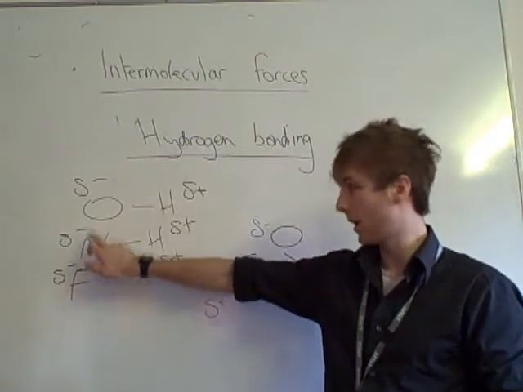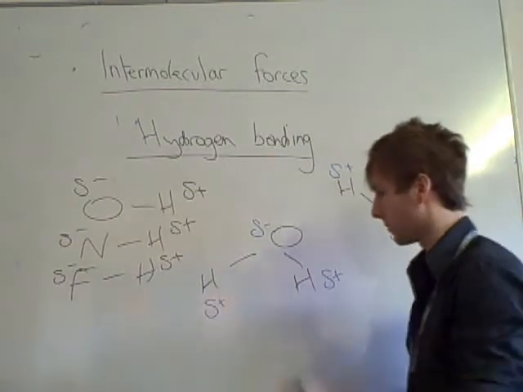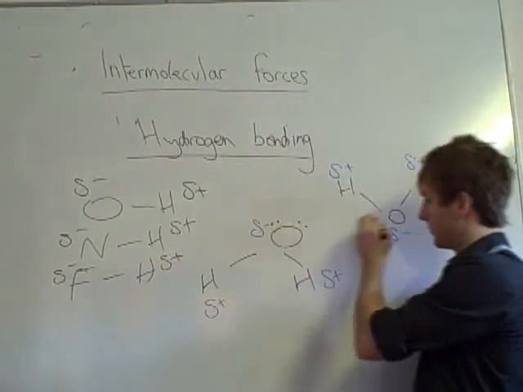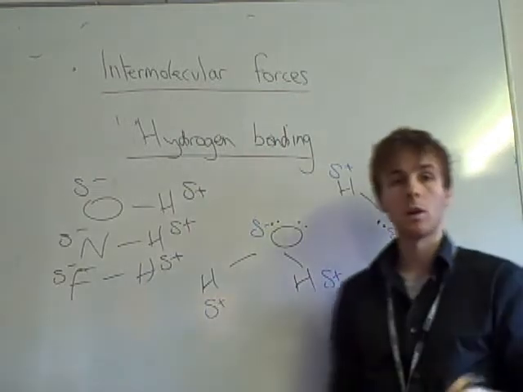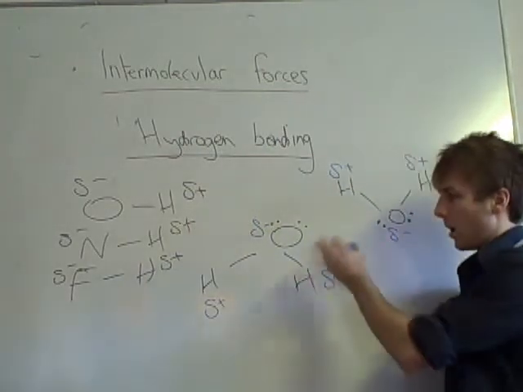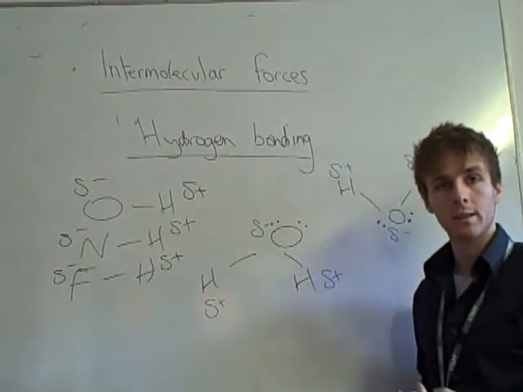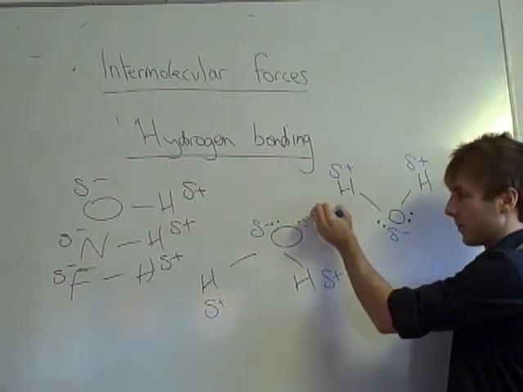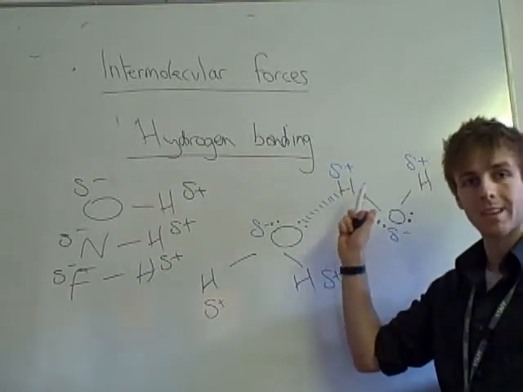Nitrogen's got 1 lone pair, oxygen's got 2 lone pairs, and fluorine's got 3 lone pairs. So I'm going to draw my lone pairs on here, just by 2 dots. And here's how a hydrogen bond works. The lone pair of electrons, because this is basically 2 negative charges, these lone pairs are attracted to the positively polarised hydrogen.